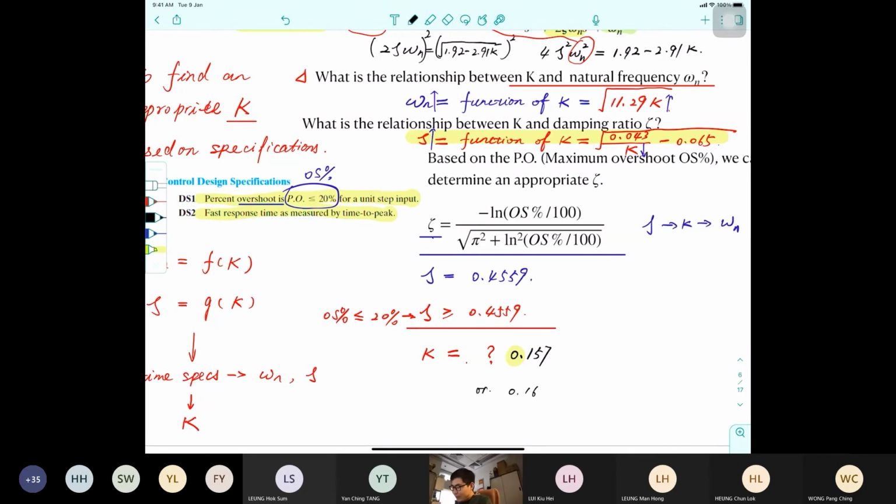So K should be smaller. We know zeta; if we want zeta to be larger, K should be smaller, right? So K should be smaller than 0.157.